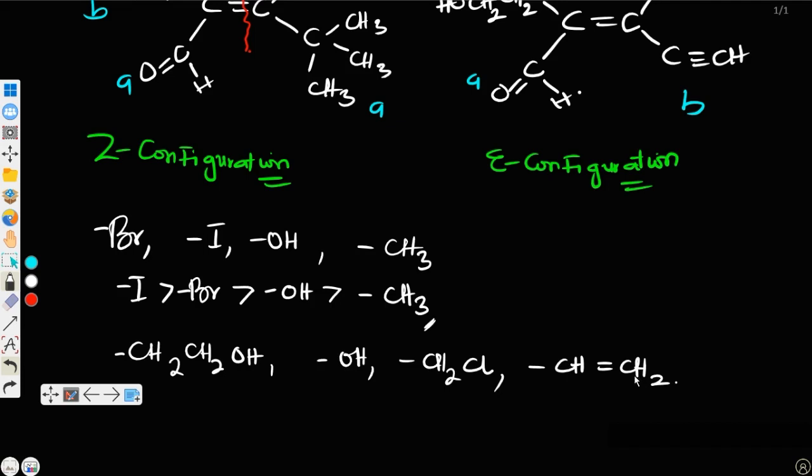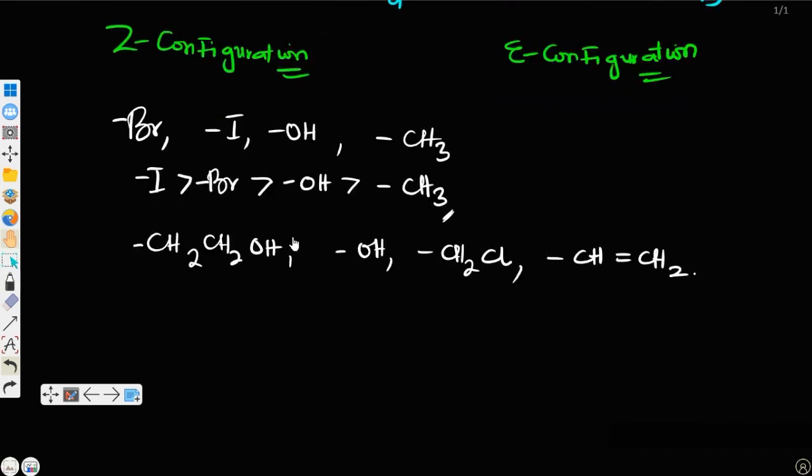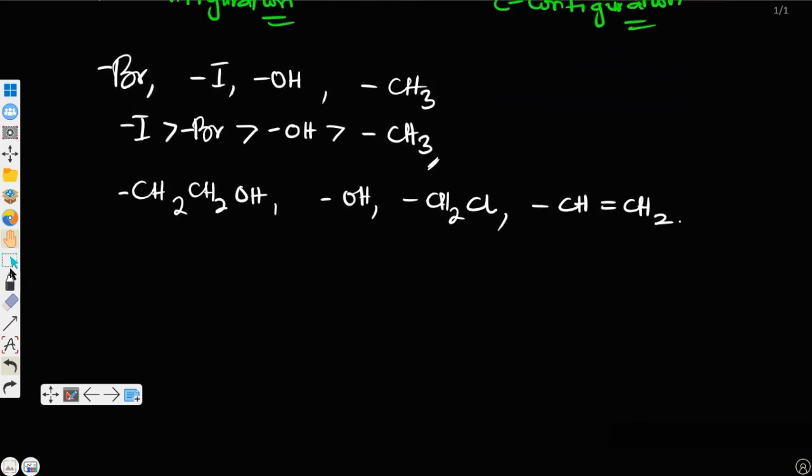Assign priority to each of these. Which of them do you think has the higher priority? Now, let us look at them carefully. What do you have here? The first atom of each: carbon, oxygen, carbon, carbon. Are you getting it now?